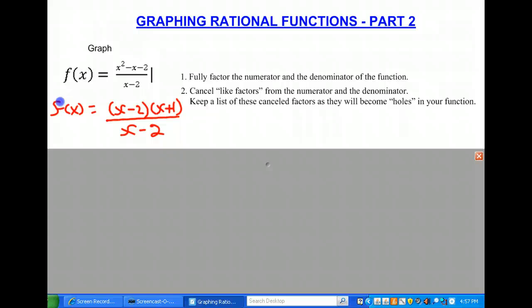Our step 2 is to cancel like factors from the numerator and denominator. You might notice that we have x minus 2 in the numerator and x minus 2 in the denominator, so we can cancel those. X minus 2 divided by x minus 2 is 1. However, we must keep a list of these canceled factors, as they will become holes in your function. So we will keep track that x minus 2 will be one of our holes.